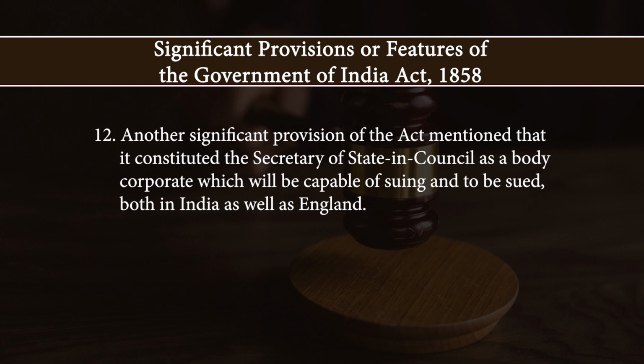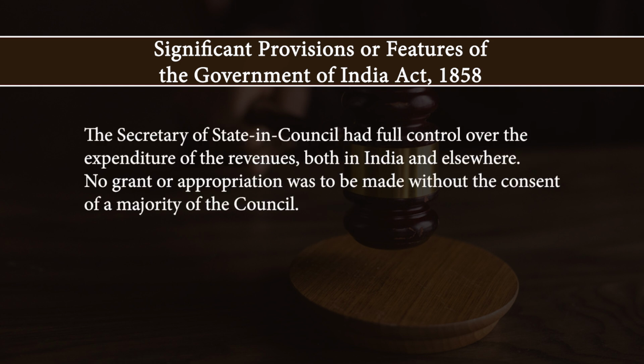Another provision of the Act was that it mentioned very clearly that the Act constituted the Secretary of State and Council as a body corporate which would be capable of suing and being sued both in India as well as in England. The Secretary of State and Council had full control over the expenditure of the revenues both in India and elsewhere.